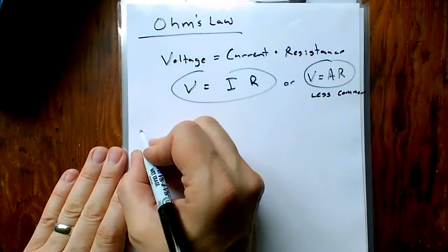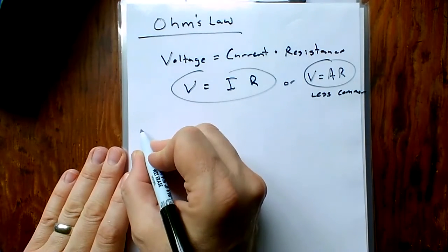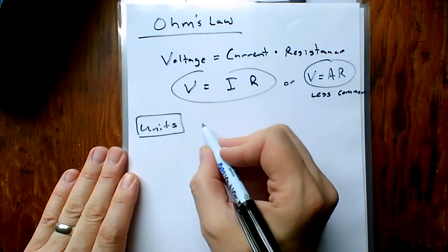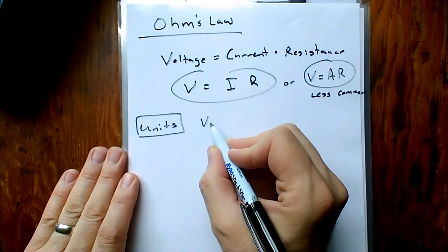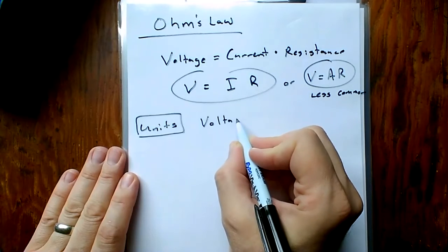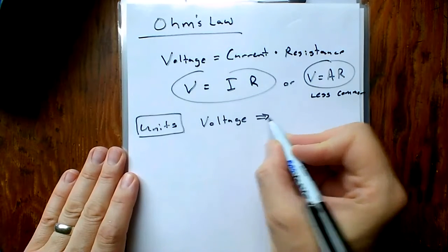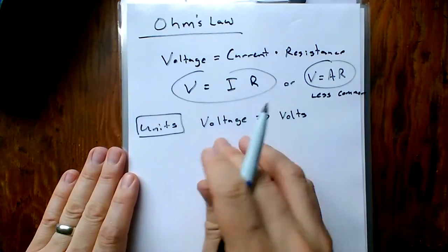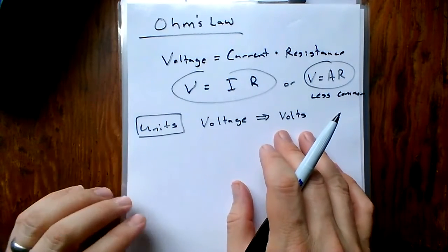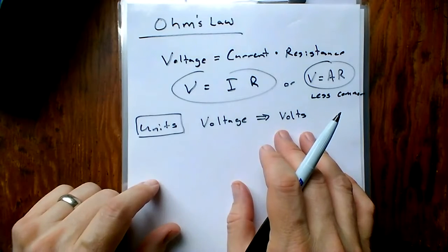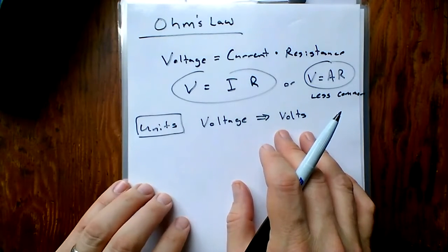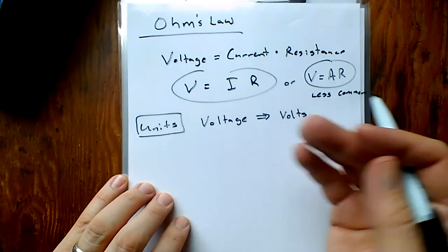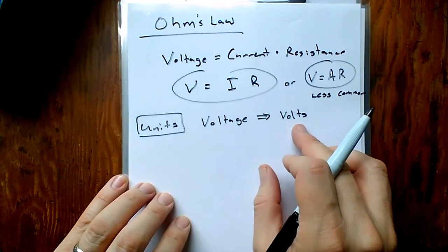So here, let's talk about our units. We've got V, our voltage, which is literally measured in volts. Voltage is basically, if I think of a circuit almost in terms of, say, hydraulics, voltage would be like the water pressure, how much pressure is pushing through.